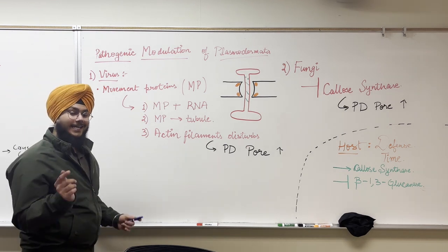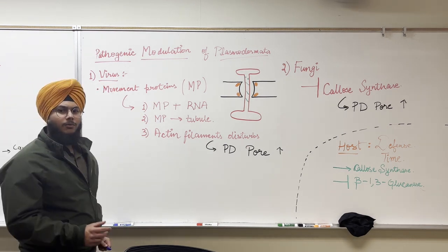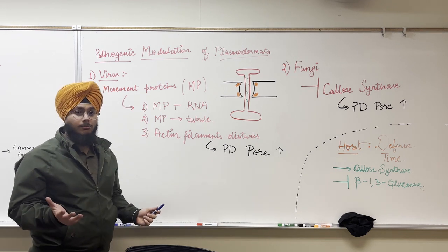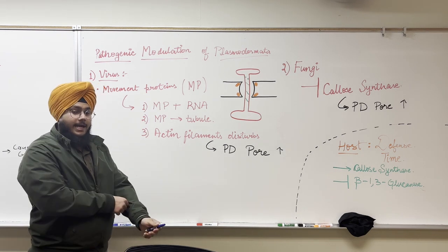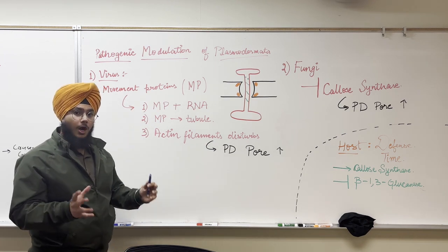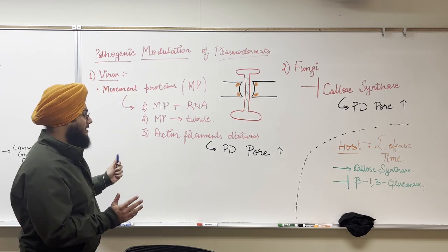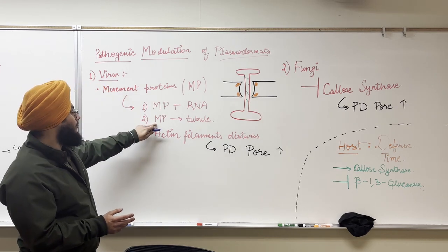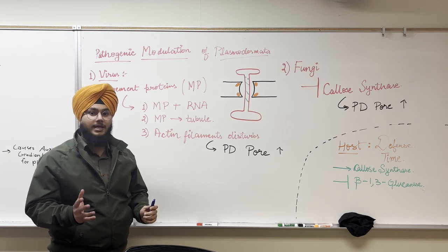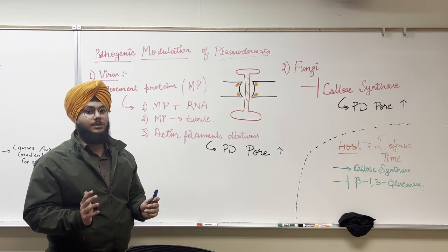So first, let's discuss viruses. Viruses make movement protein. And how movement protein works is, the first thing, they combine with RNA and form a complex which can easily transport itself through the plasmodesmata. The second thing is that the movement protein transforms into tubules, and these tubules are very small and can pass through the plasmodesmata.